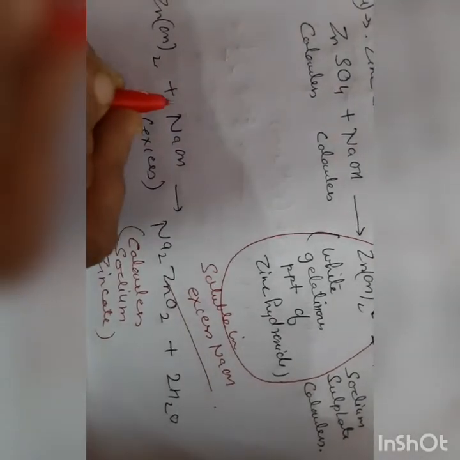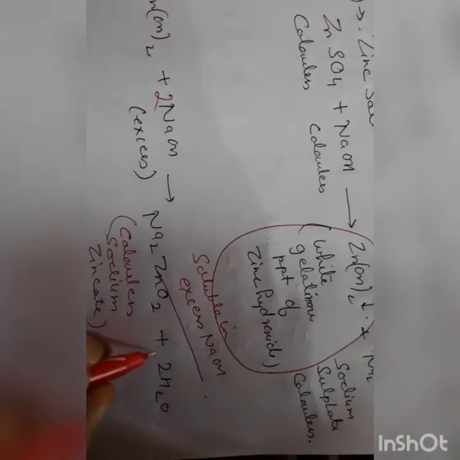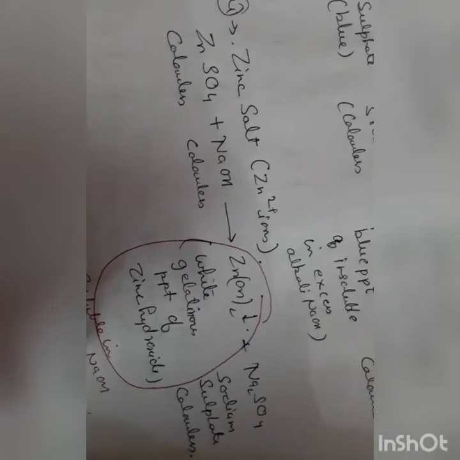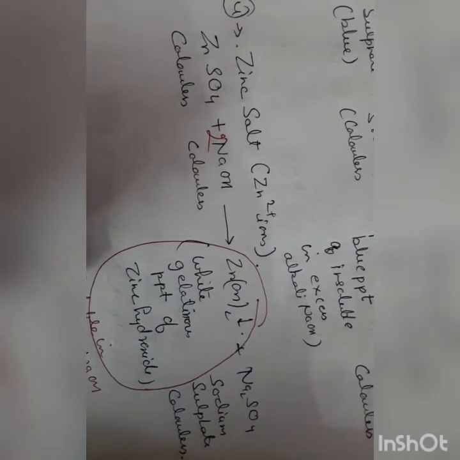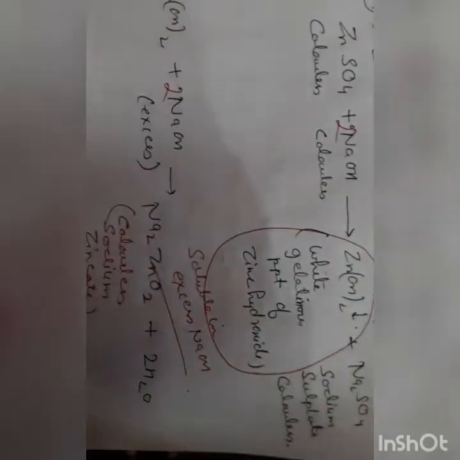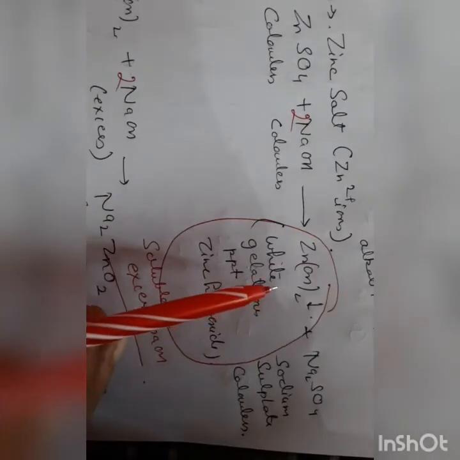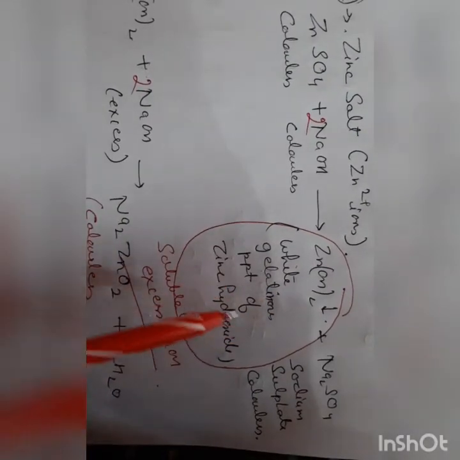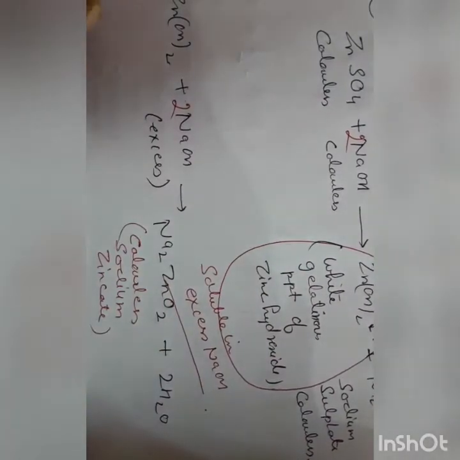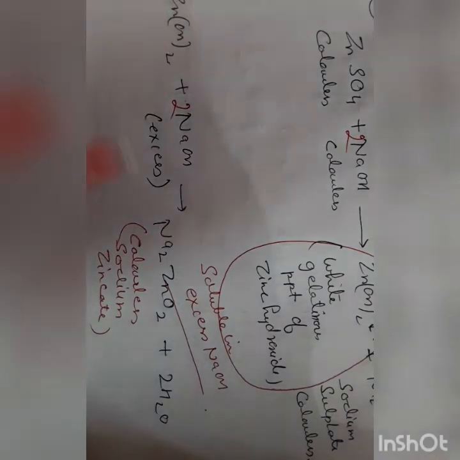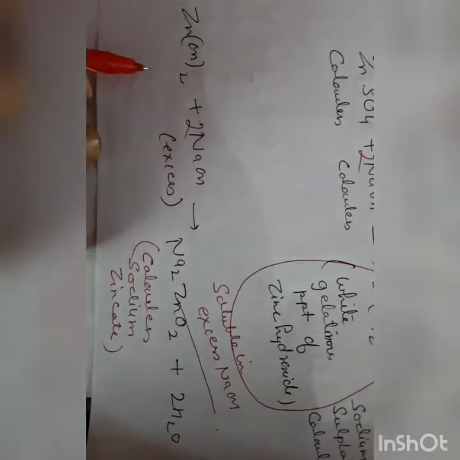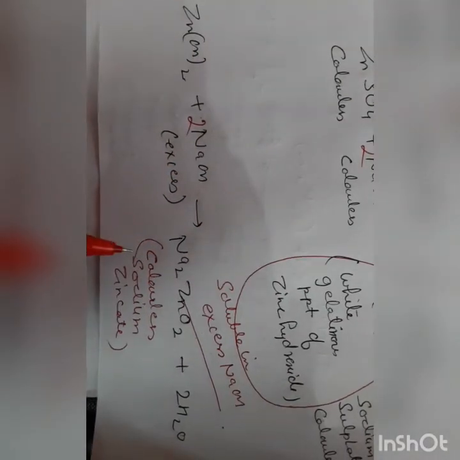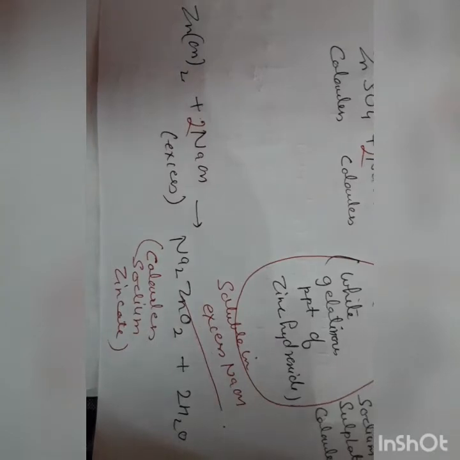So here, white gelatinous ppt of zinc hydroxide dissolves in excess NaOH and forms colorless sodium zincate.